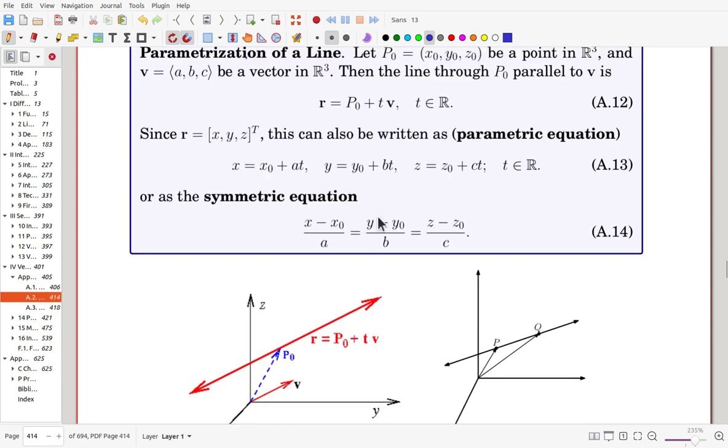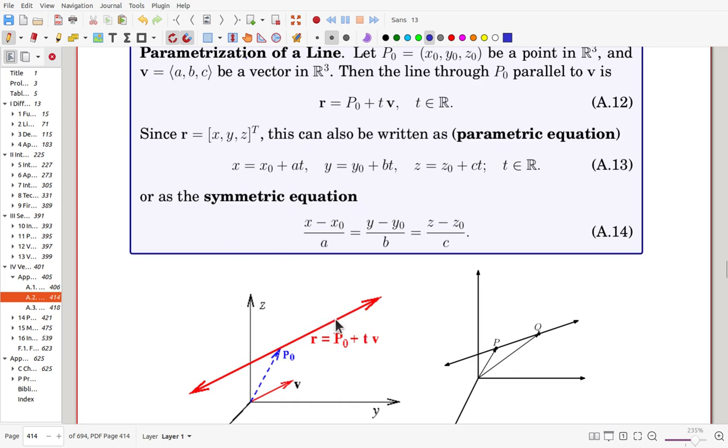And we can draw a line in this way. Here P0 is this one, and V is a vector. So from this, the line can be made including P0 in the direction of V by using this equation.